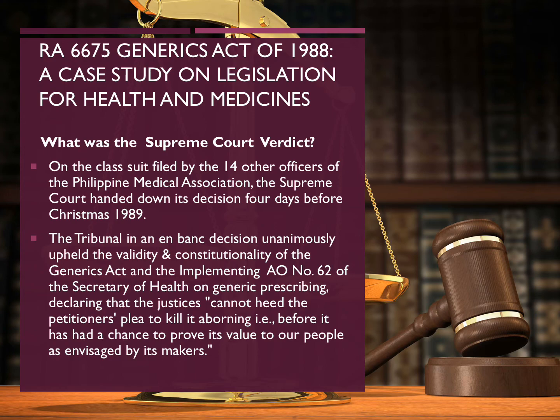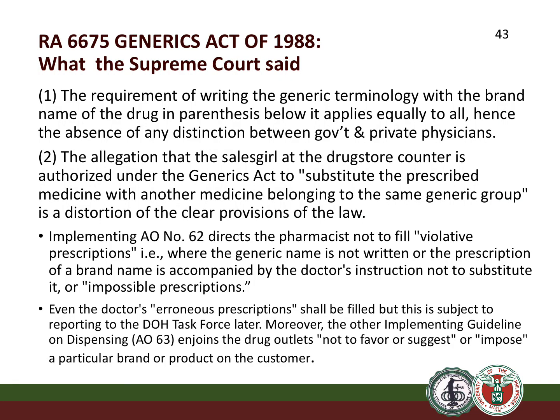Their decision was given 4 days before Christmas 1989, and the justices said that they cannot heed the petitioners', the doctors', plea to kill the act aborning, meaning it hasn't been tried yet. Let's give it a try, no, and allow it to prove its value to our people as envisioned by the makers.